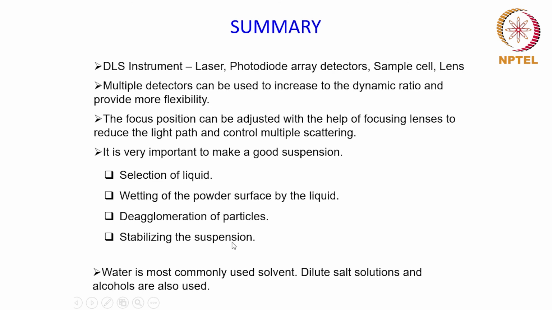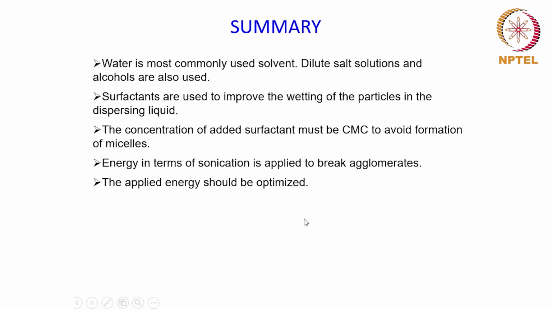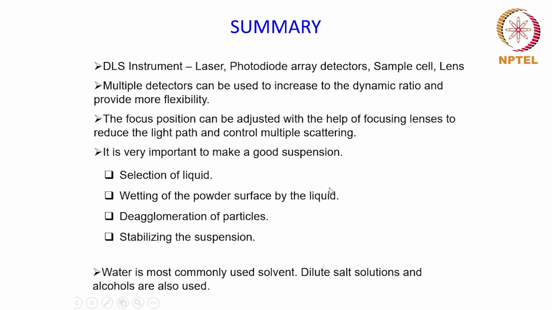And finally, the suspension has to be stabilized to make sure that the particles do not reagglomerate again and form those agglomerates or aggregates which are previously broken by applying energy while deagglomeration was done. Okay, so these are the four very important things that one has to follow in order to ensure that a good suspension is made.